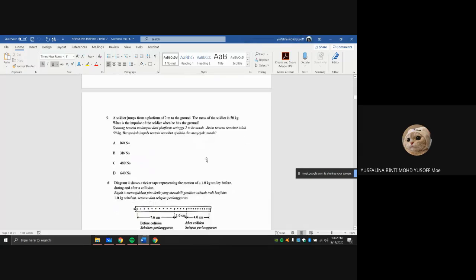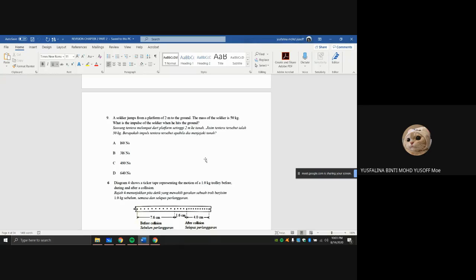Okay, and then for number 9, this one is impulse. So impulse is whether we use Ft or we use mv minus mu. This one they didn't give you, they only give you the S, the distance, and also the mass. So how do you want to find the impulse here? This one you have to use the equation of motion.